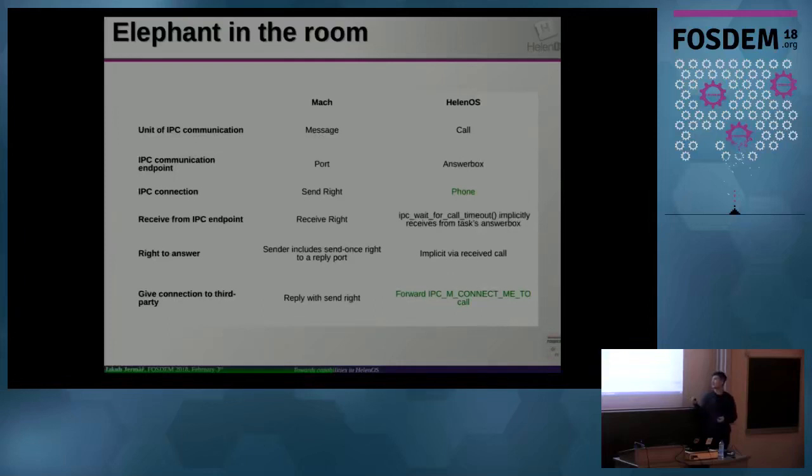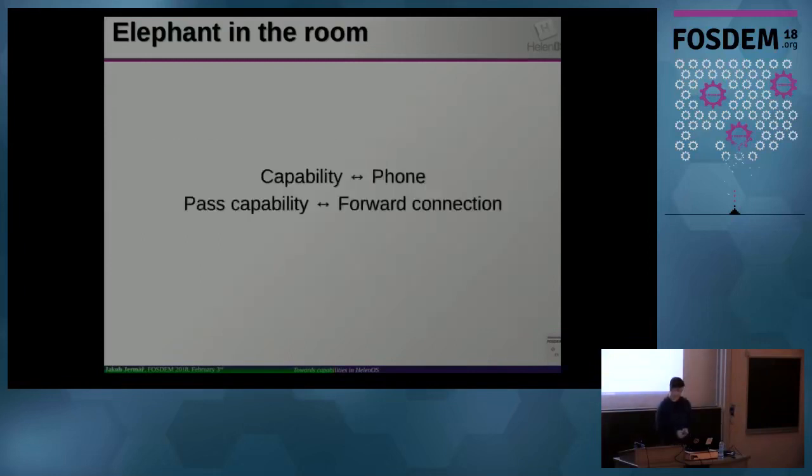And the same effect is achieved in HelenOS by forwarding IPC connections, as we've seen in the previous slides. So the bottom line is that in HelenOS, the capability corresponds to a phone, and in order to pass the capability, we need to forward a connection.